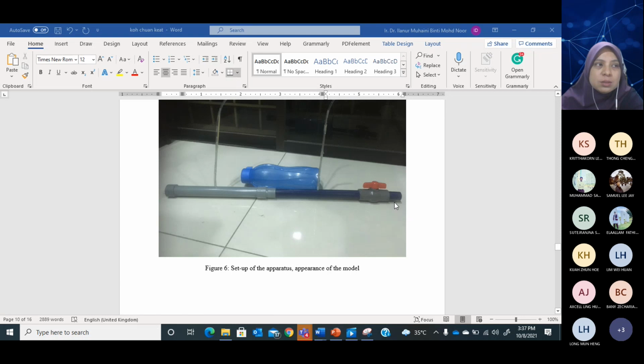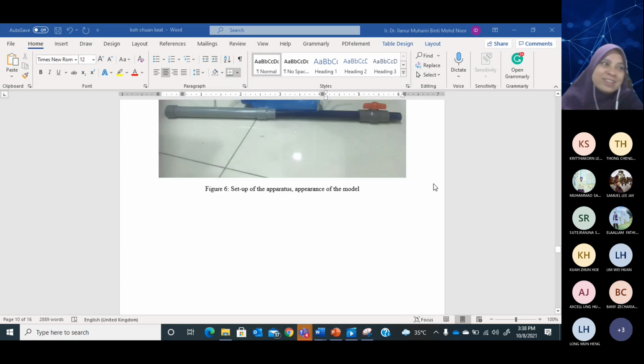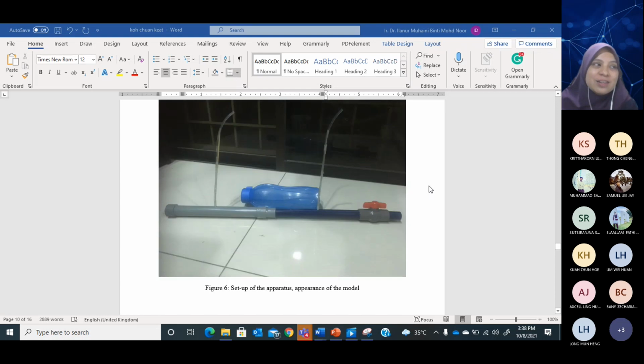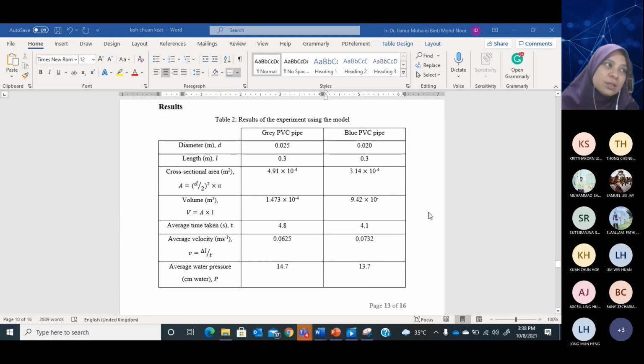But in the picture, where is the water supply? You don't make all this funny thing, okay? Not logical unless this one cannot be seen and then there is another picture. That one can. Okay.